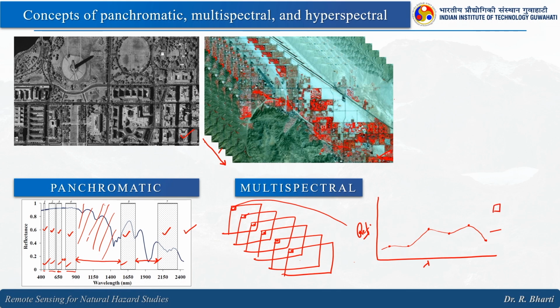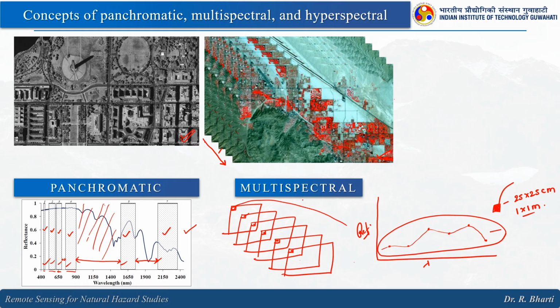The one pixel size is, let us say, 25 by 25 centimeters or 1 meter by 1 meter. So, this particular graph represents the behavior of the material present in this field of view, meaning this whole pixel's behavior, right. So, the smaller the pixel, the more separation you will have in the object, which is clear from the panchromatic image, right.